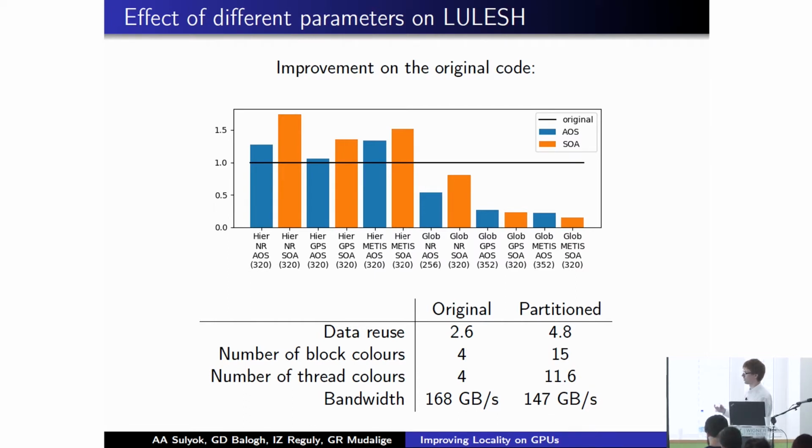And the achieved occupancy with Lulesh is also quite low, about 20%. That means there is nothing to hide the latency incurred by the added synchronization of the high number of thread colors, and that means that partitioning actually worsens performance.